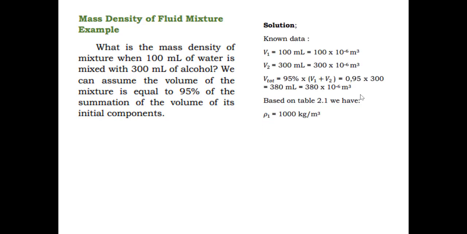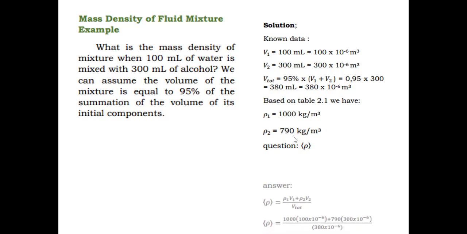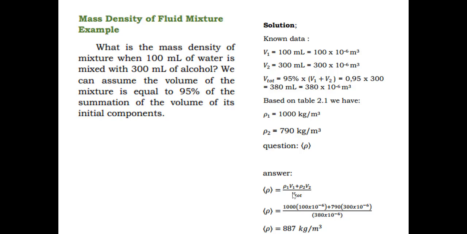So we got here the known data. Don't forget to change to meter cubic. Then rho 1, from the table before, that is water is 1000, and the density rho 2 from alcohol is 290 kilogram per meter cubic. And this is the answer.